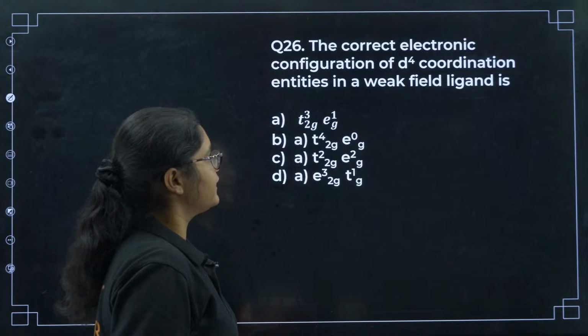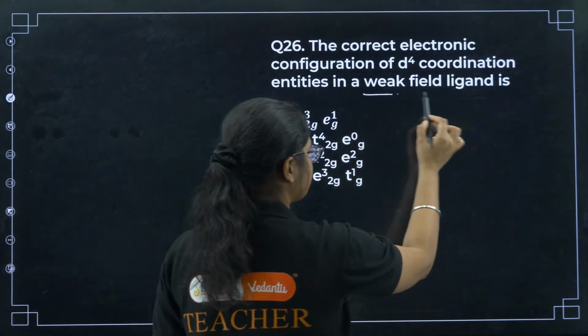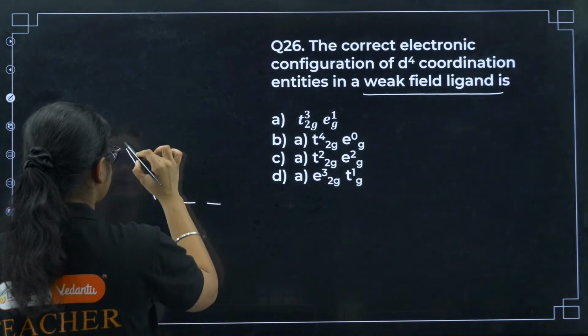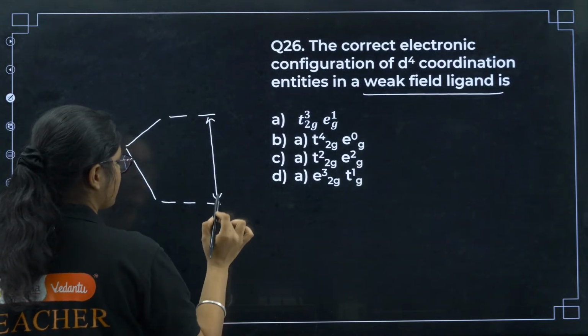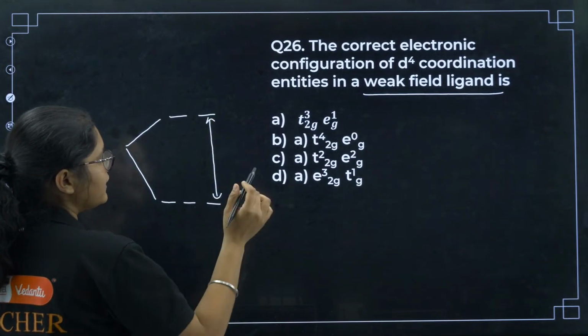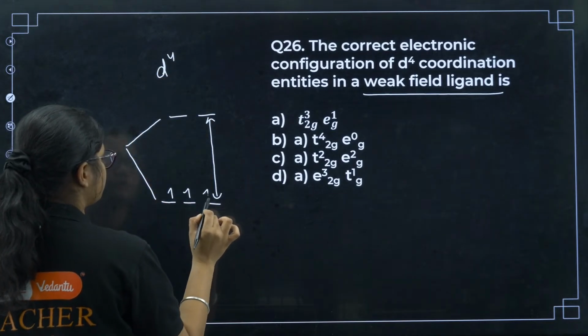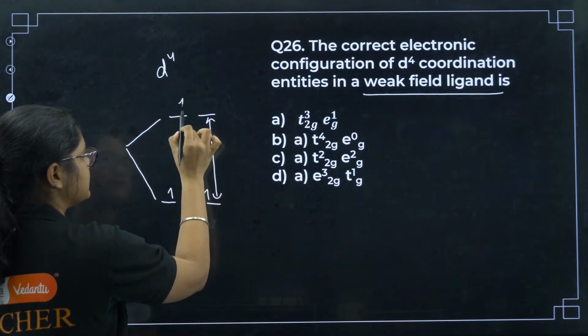Next, the correct electronic configuration of d4 configuration in a weak field ligand. So, if it is a weak field ligand, what will happen? The splitting will take place lesser. Okay, delta O is a very small value. If you have d4 configuration, I have 1, 2, 3, right? Because this energy is very less, the fourth electron can easily go here.